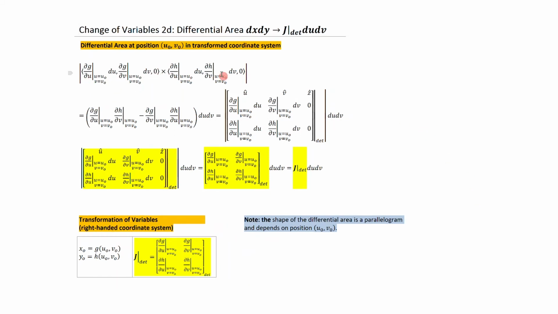This is this cross product. Now if you do this calculation and take its magnitude, which is an exercise for you to do, you'll end up with this expression. This is purely algebraic gymnastics.